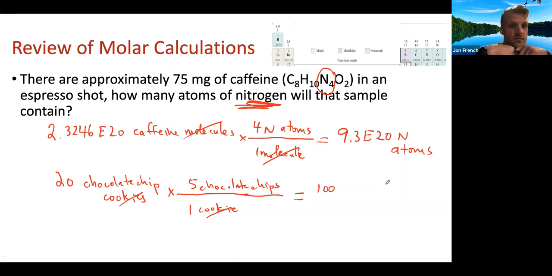In the same way, if we had the total number of chocolate chip cookies and wanted to figure out how many chocolate chips, we're going to multiply the cookies by how many chocolate chips there are per cookie. Our molecule is the cookie in this case. So hopefully that analogy helps you figure out that relationship when we're doing a calculation like this and finding from molecules to atoms.